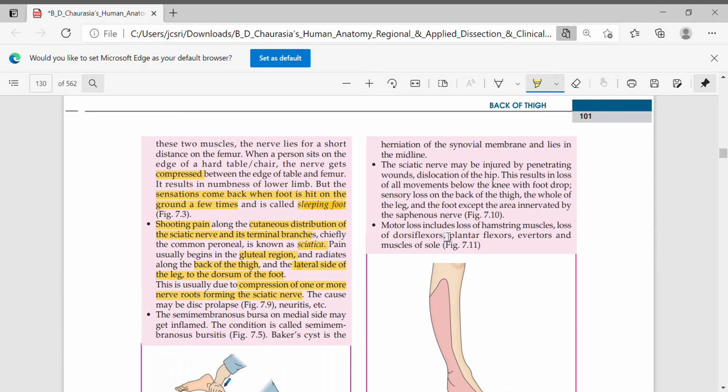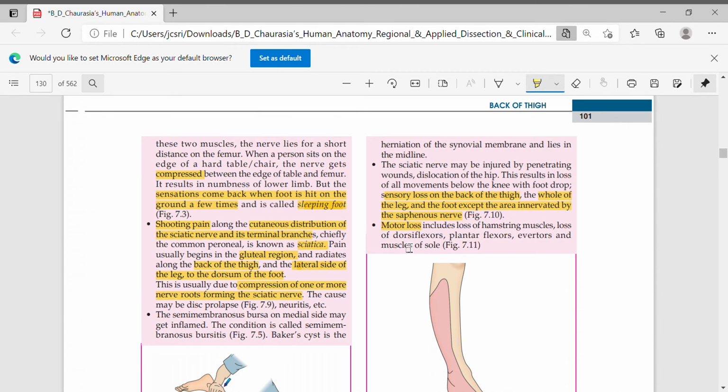And the next thing is the motor loss and the sensory loss. Sensory loss will happen in the back of the thigh, the whole of the leg, and the foot, except the area innervated by the saphenous nerve.